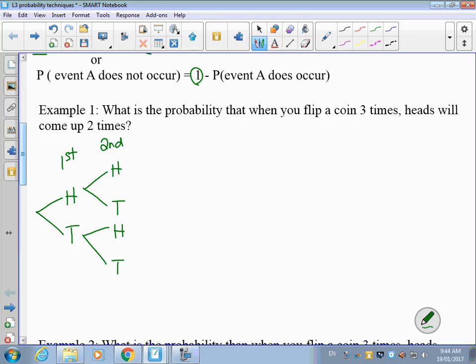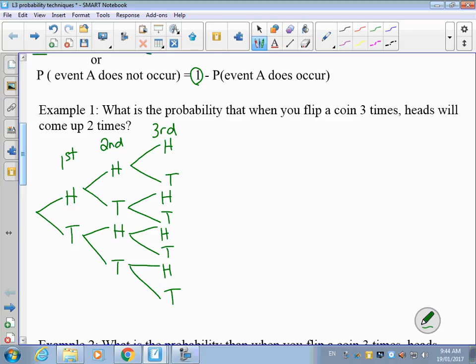So on my second flip, I could get a head or tail to go with the head I got in the first flip, or I could get a head or a tail to go with the tail I got in the first flip. And the same thing will follow if I flip the coin a third time. To go with the head, it could be a head or a tail. To go with the tail, it could be a head or a tail. And the same thing follows all the way down my little tree chart.